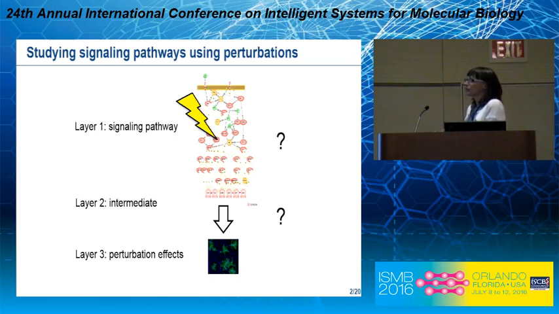That control can be, for example, gene regulation. And then we observe effects of those perturbations, like, for example, gene expression or protein concentration or whatever other phenotype that you wish to measure.